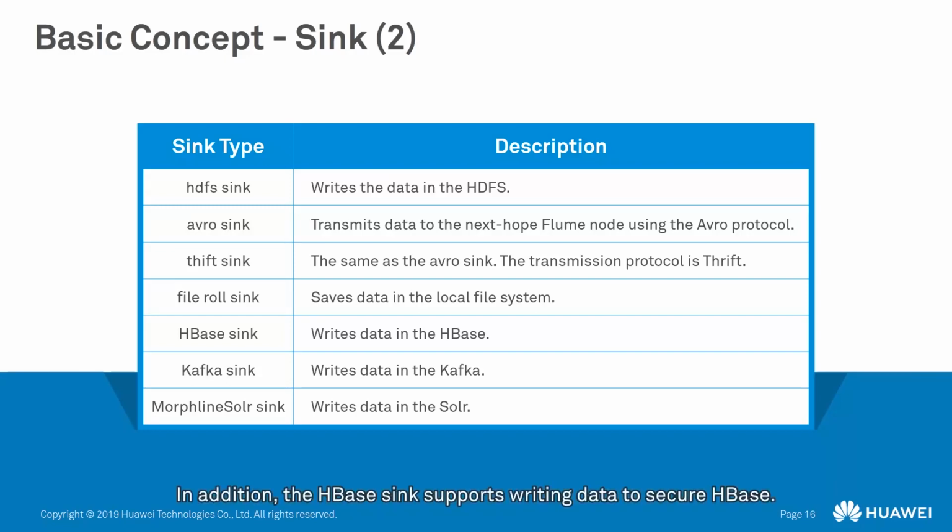In addition, the HBase sink supports writing data to secure HBase. To write to secure HBase, the user the agent is running as must have write permissions to the table the sink is configured to write to. And Avro is an IPC sink that is used for communication between agents.